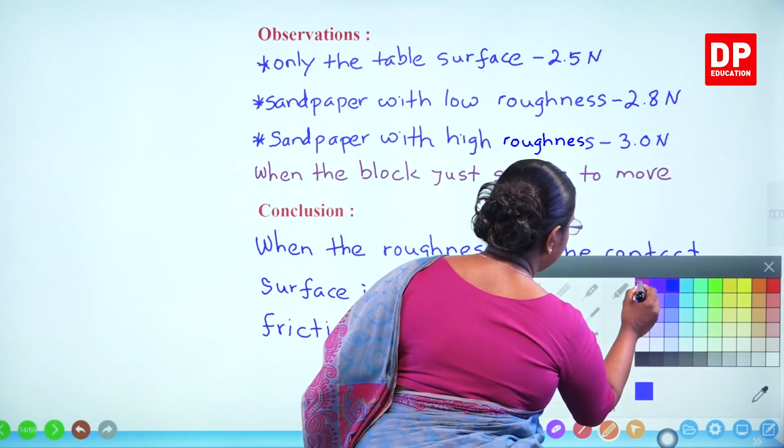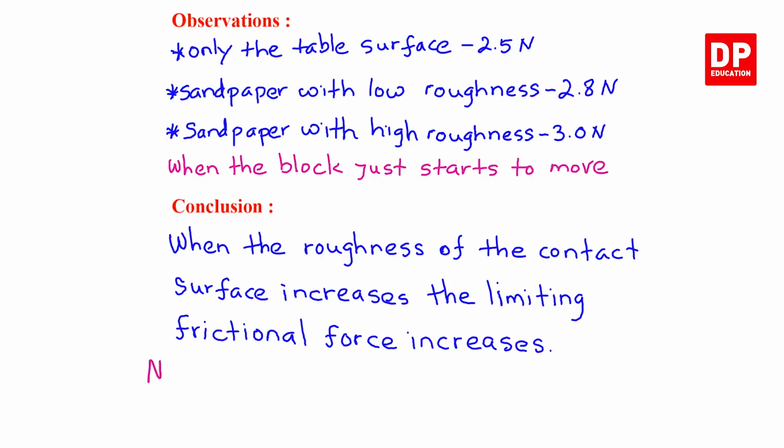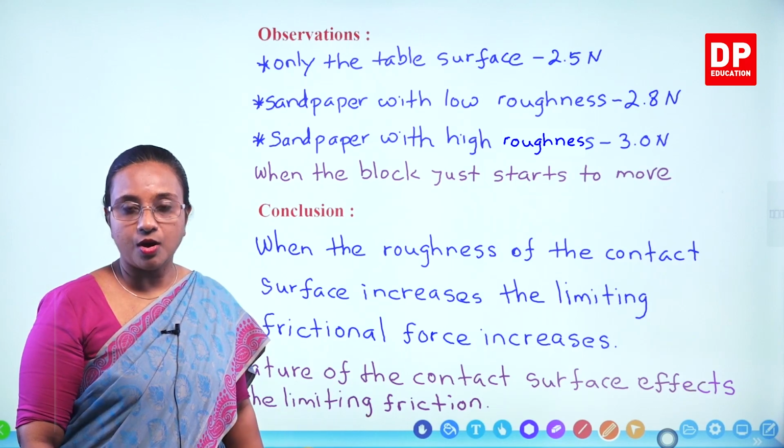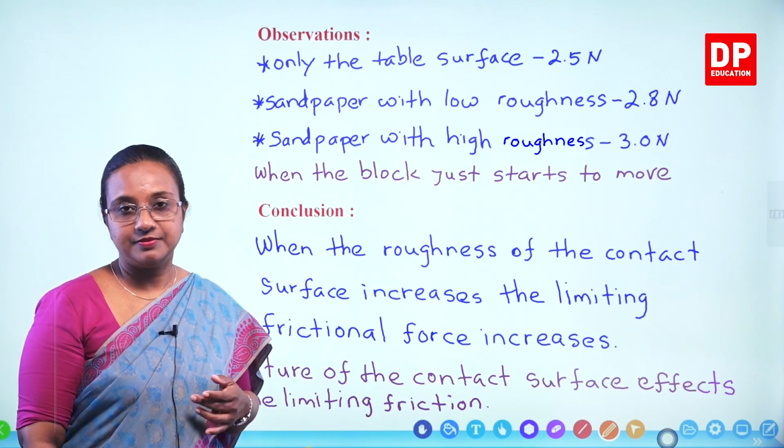So in other words, I can say nature of the contact surface affects the limiting friction. So this is the conclusion that we can obtain from the first activity.